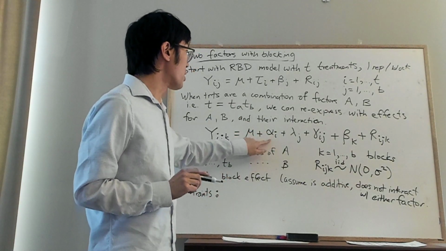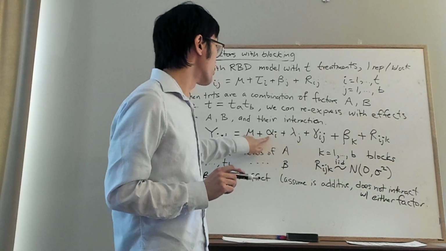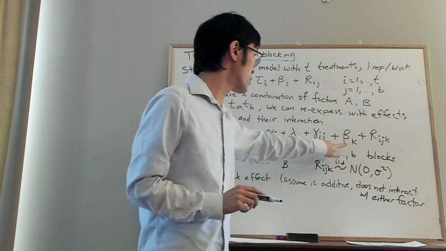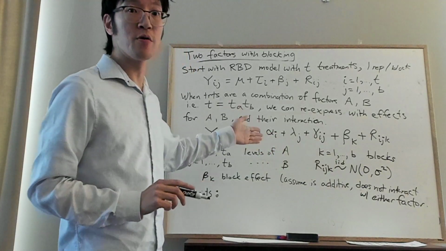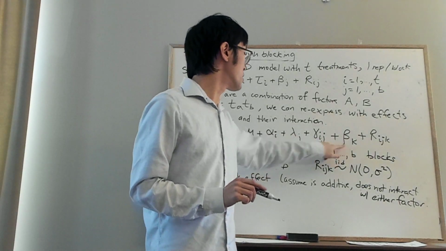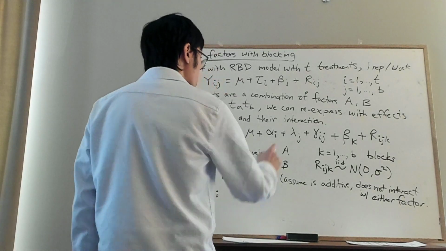The three easy ones are for the effects for factor A, factor B, and the block. They only involve one subscript, so we can just apply what we learned from before. We know that these three individual sets of parameters must sum to 0. So let's start with those.